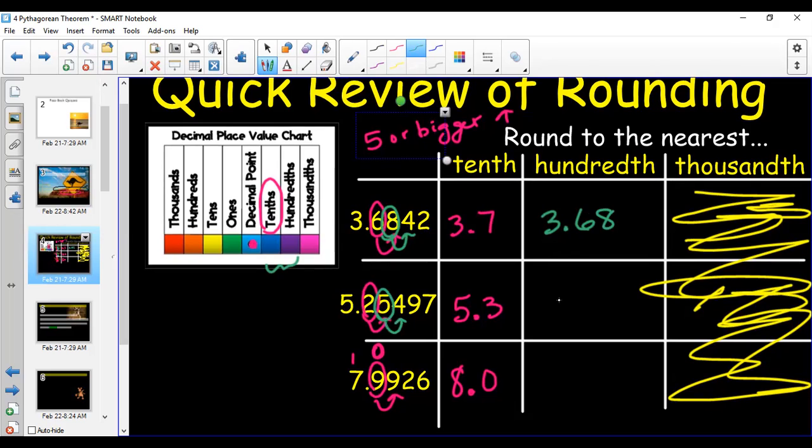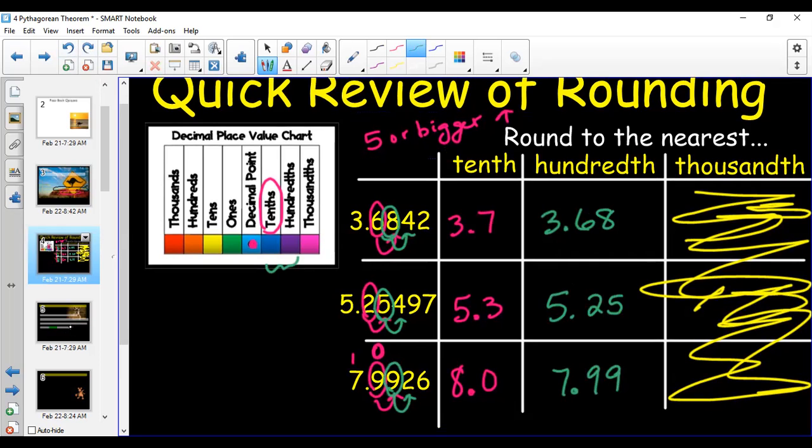Look at one number behind. It's also a 4, so it's going to stay 5.25. And the last one, look at the 9. The one behind it was a 2. It's going to stay, so this would be 7.99. Okay, we just wanted to do a quick refresher of rounding before we move on.